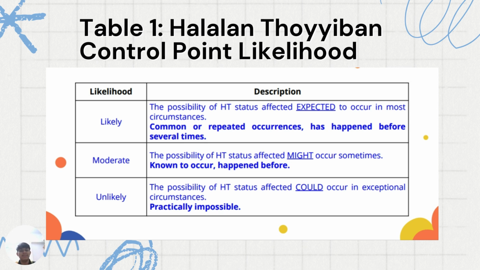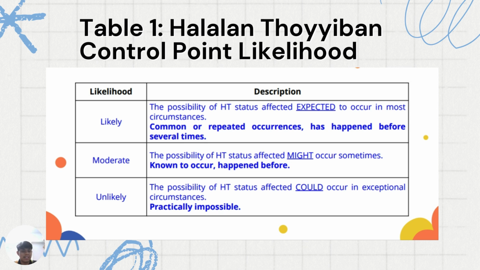The possibility of halal thoyyib status being affected is expected to occur in most circumstances, which is when it happens commonly, or has repeated occurrences, or has happened before several times. This is likely, in other words it always happens.